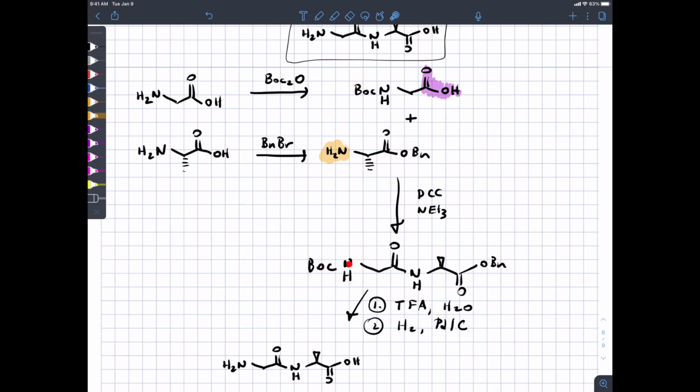And then once you've removed this one, you can bring in another Boc-protected amino acid, activate the carboxylic acid, and put that on there. And this works really, really well, and people do this a lot, particularly in the Michaelis lab.